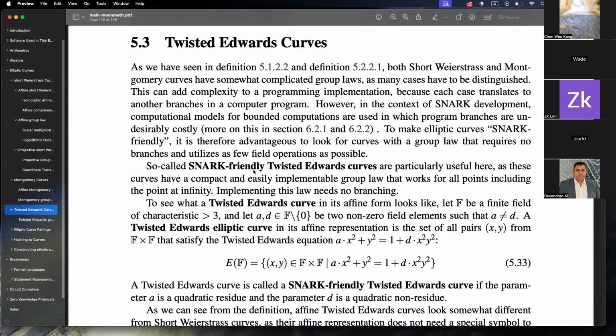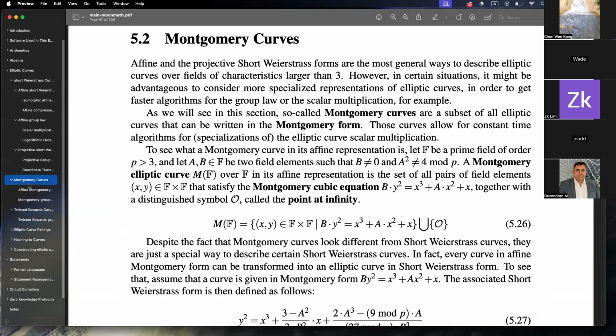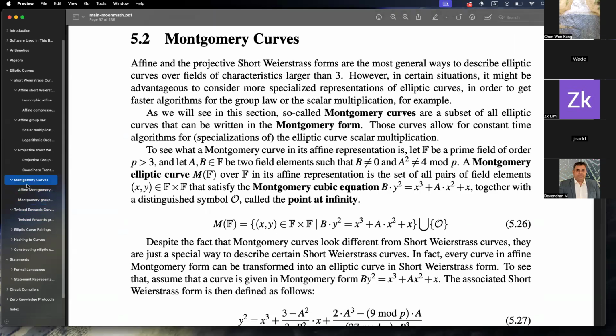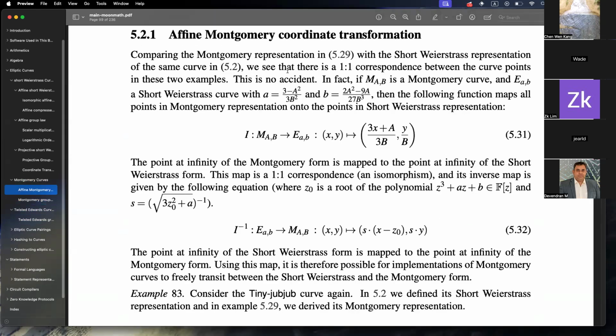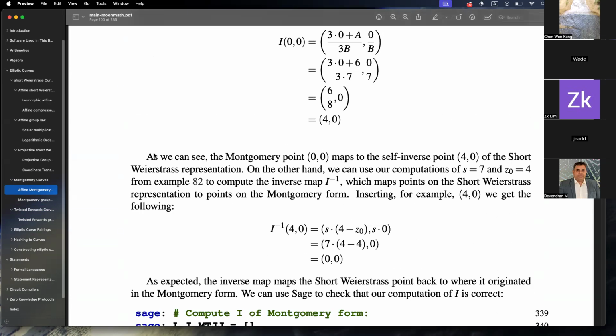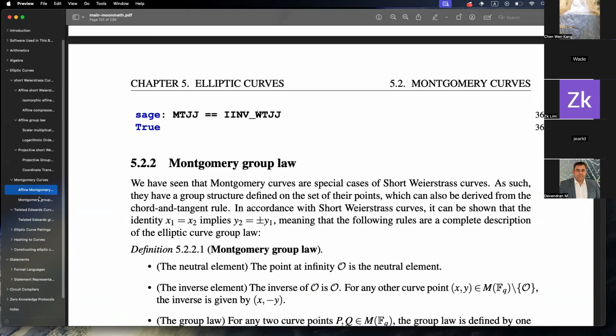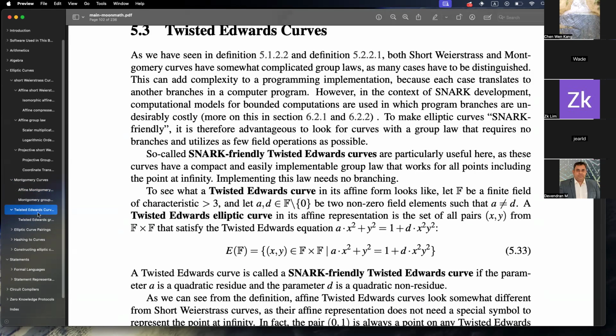No, I don't think they talk about it directly here. They do talk about Montgomery curves. This is converting from Montgomery to short Weierstrass, I believe. I wouldn't say transform it over.